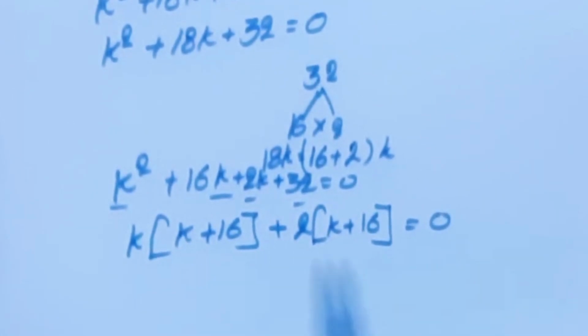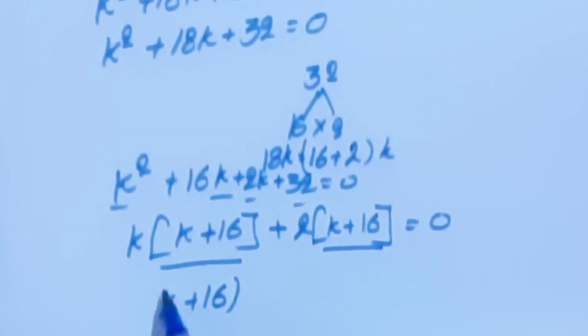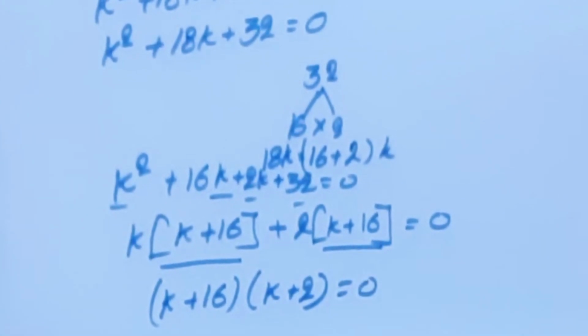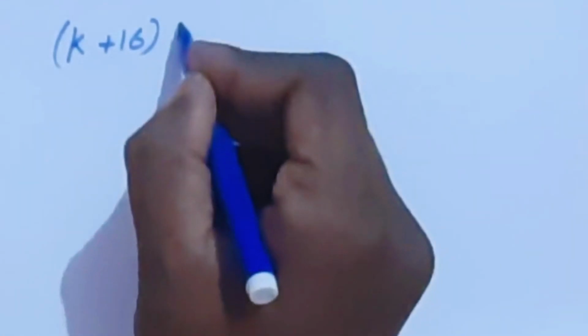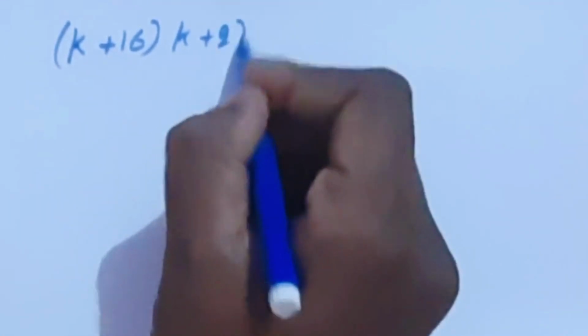Now here we are going to take (k + 16) common out. So (k + 16), remaining we have (k + 2), equal to 0. Here (k + 16)(k + 2) equal to 0.